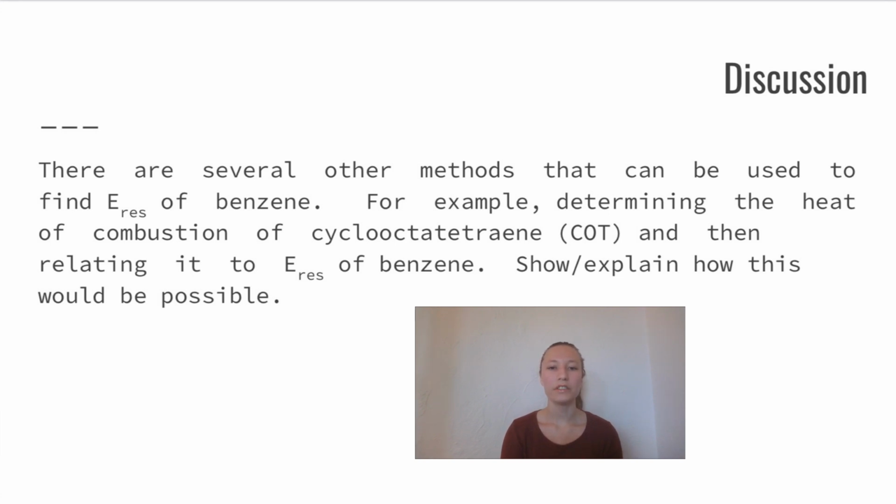The heat of combustion for this molecule can be used to calculate the resonance energy of benzene using the same procedure we used in the lab, since the aromaticity is no longer intact. Since they are fundamentally the same molecule, the resonance energy can be calculated by comparing the heat of combustion of COT minus 1 ethylene moiety to benzene.